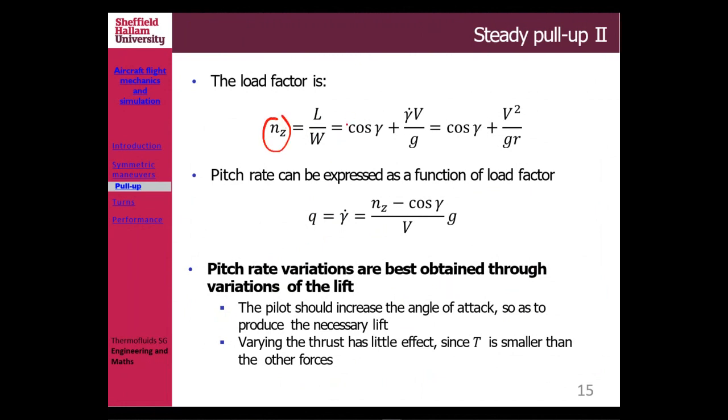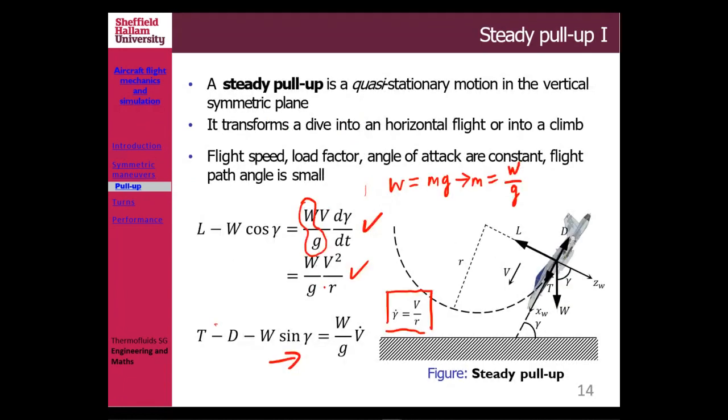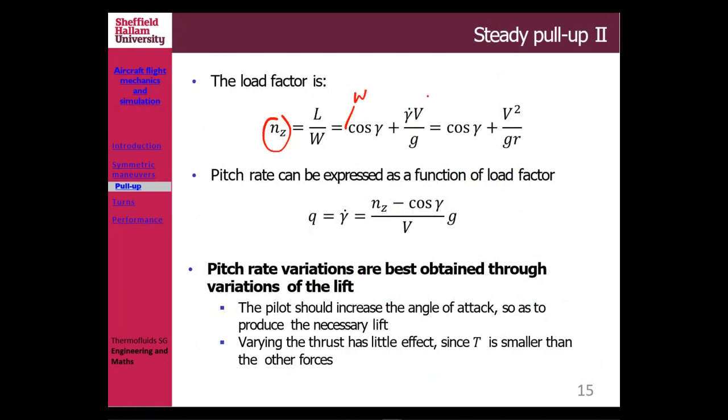From that equation, remember that we have W there. If you divide it by W, obviously it will disappear. But of course, the second term becomes that term, right? And then you have these equations as your load factor equation.